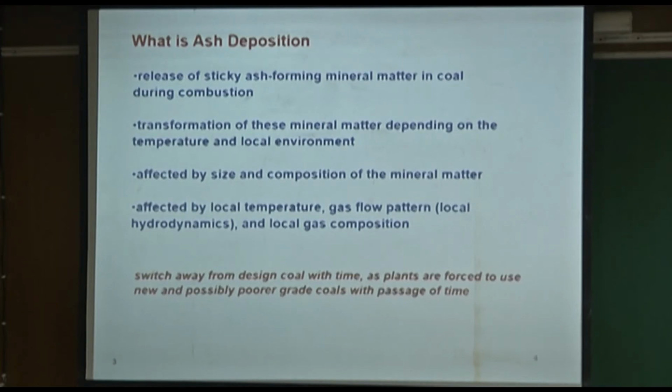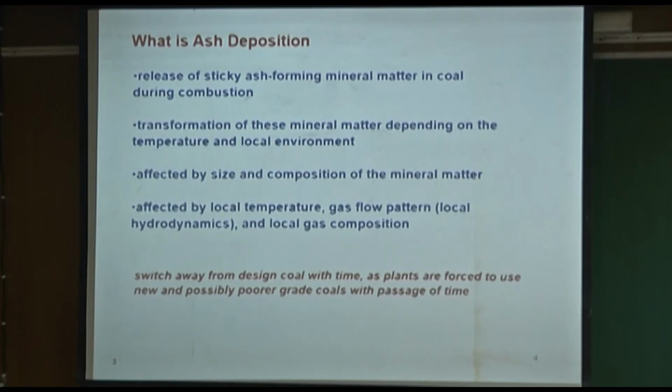But as there is more and more deposition, the surface becomes irregular, rough, etc. Therefore, the hydrodynamics of the gases going through it will be different, and that can affect things further. It can either aggravate the deposition or create different deposit forming patterns over there.